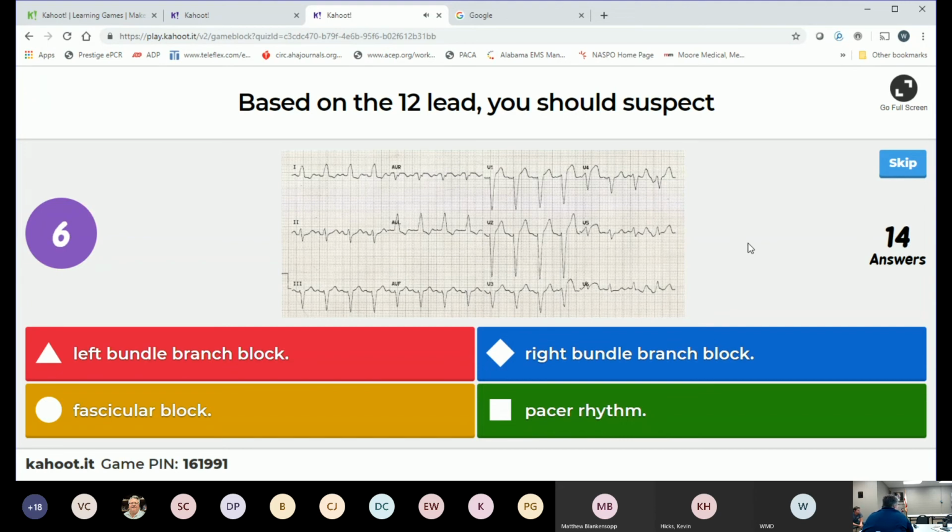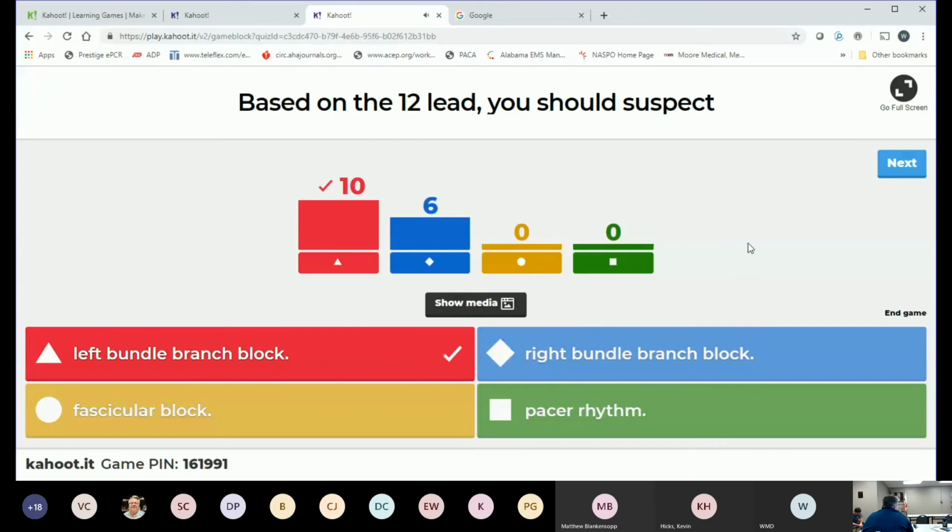If you remember the criteria for the bundle branch blocks, it would be very helpful in answering this question. So this one is a left bundle branch block. Most everybody got that right. Very good. So we had the wide QRS. You notice that V1 was negative, so a left bundle branch block.